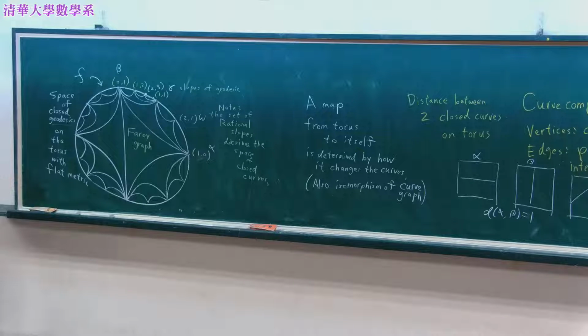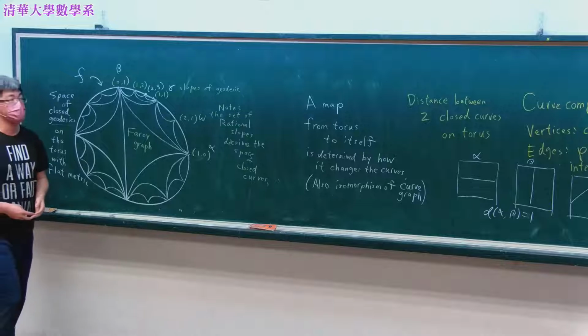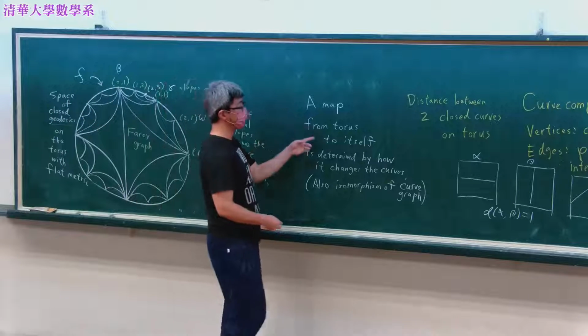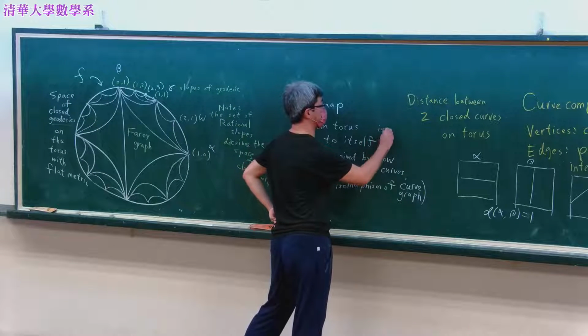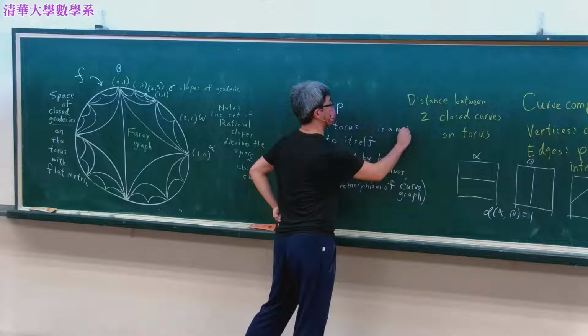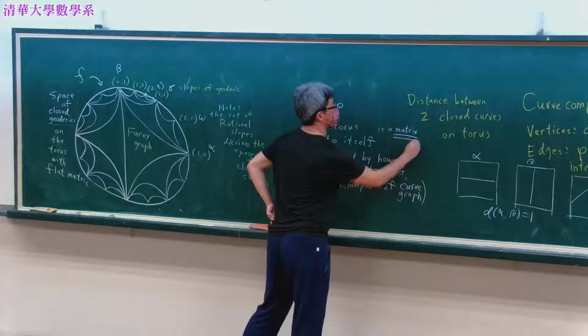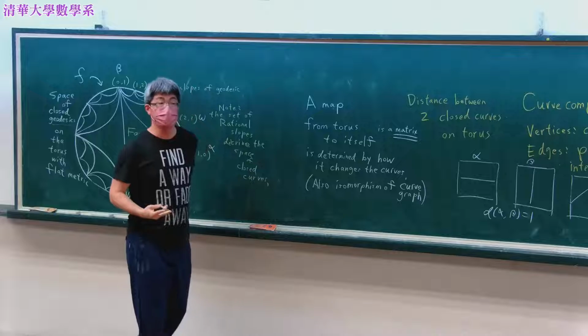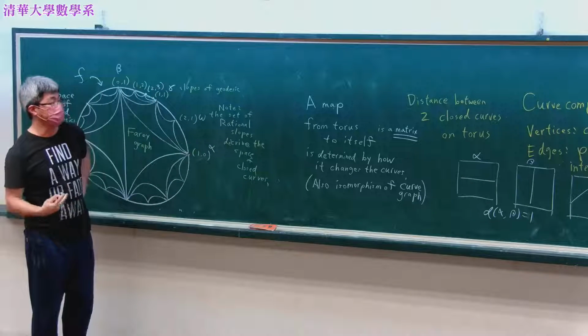Or we can be a little bit more precise and say every map from the torus to itself is isotopic to a matrix, and the word isotopic came up.